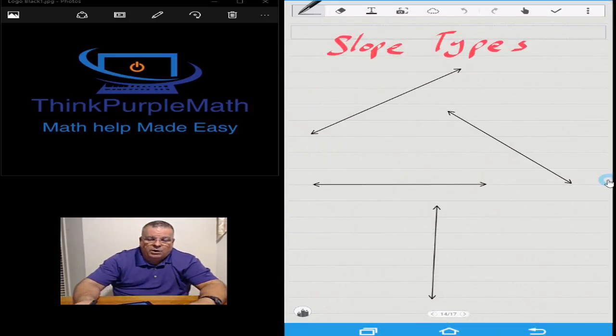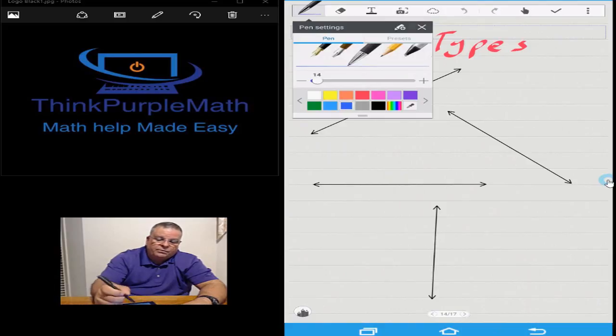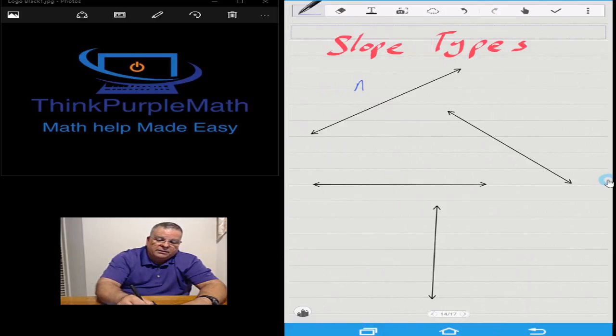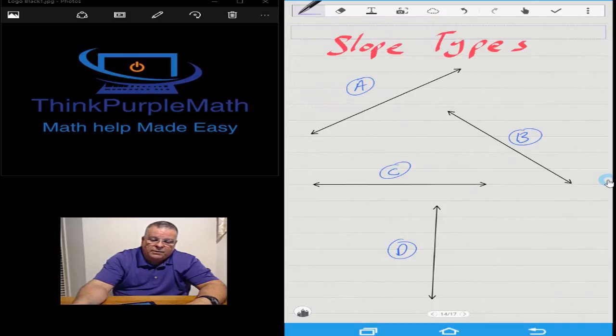All right, now we're going to look at the 4 slope types of linear equations. And all of these lines we're thinking from left to right. In fact, we're going to label them. We're going to call this slope A, first line. Slope B, second line. Slope C, and slope D. And now we're going to identify what type of slope we have based on the way the line is shaped or the direction of the line.